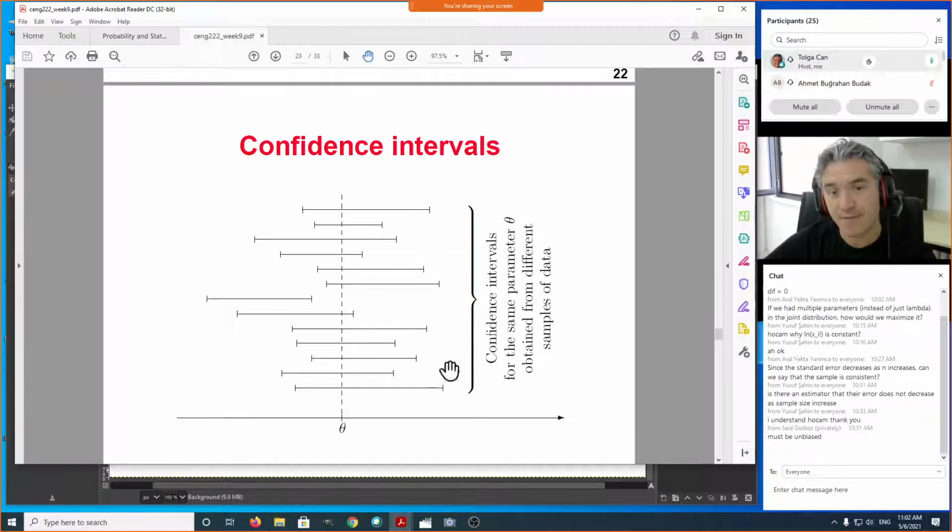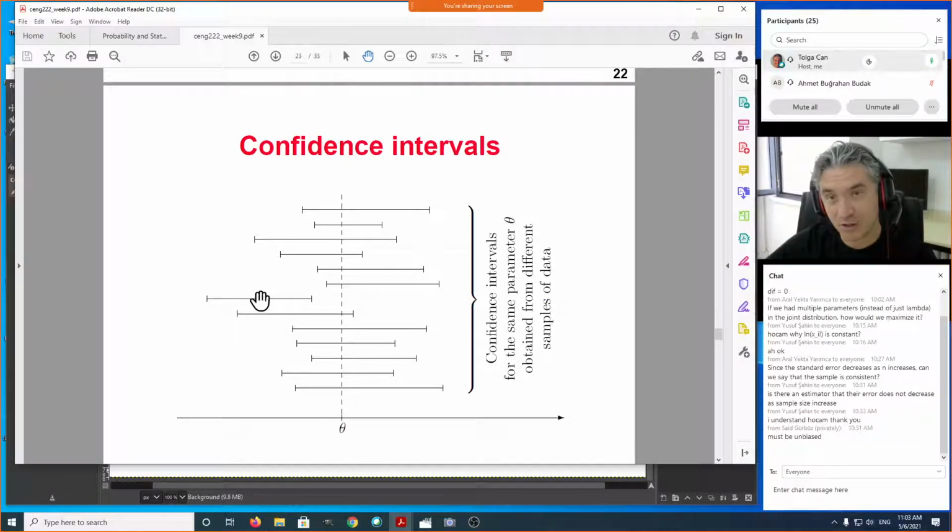When we say this interval contains theta with 0.95 probability, it means that if we take 100 different samples and build confidence intervals with the alpha level 0.05, 95 of them are going to contain your theta. And maybe one of them, look at this confidence interval, doesn't contain theta.